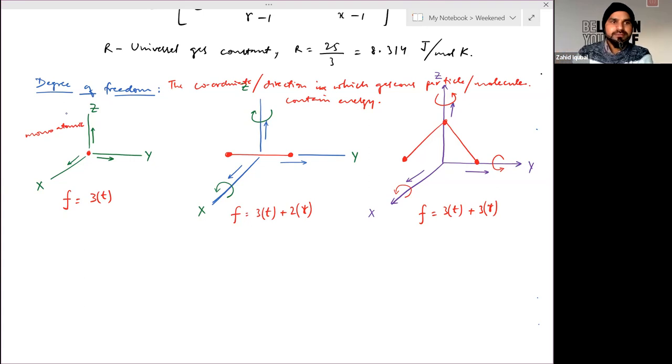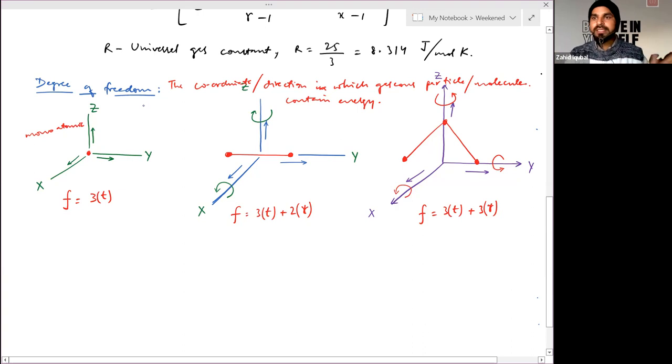Let me define. Since degree of freedom is basically the direction or ways in which these gaseous molecular particles have energy stored in them, in monoatomic particle there will be no change in energy on raising or decreasing temperature. It will remain three different phases of energy.